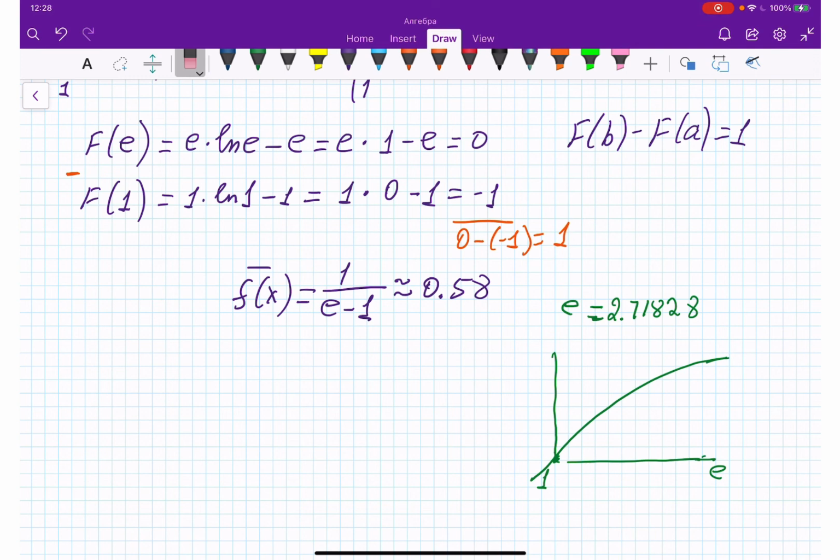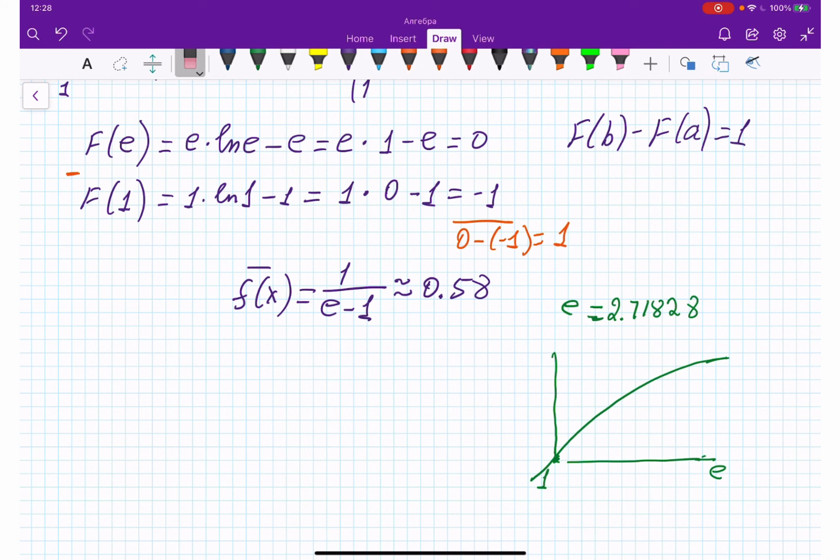Yes, but because we have a curve, it's going to be a little bit above, and that's going to be 0.58.